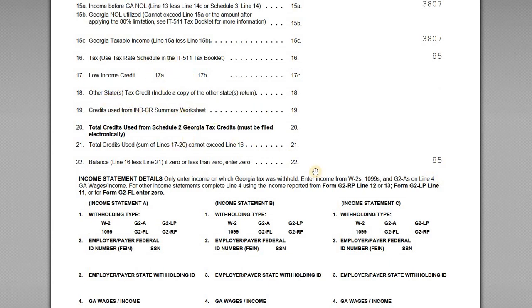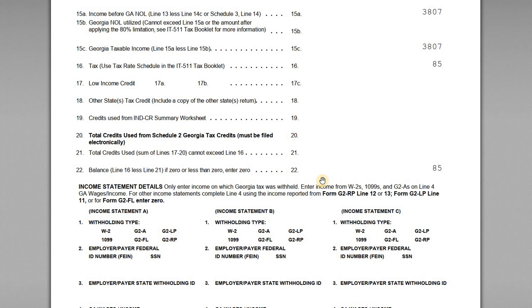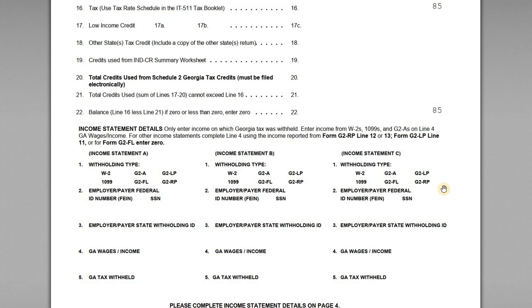State credits is a popular one, but given that the taxpayer lives in Florida, he doesn't pay any Florida state income taxes. So no other state tax credits can apply here on the same income. So the total balance owed for Jacob with this rental property in Georgia is $85 in tax.